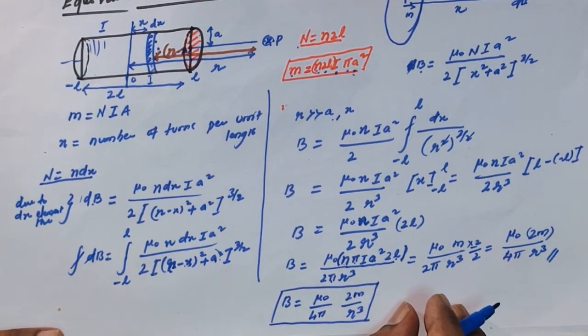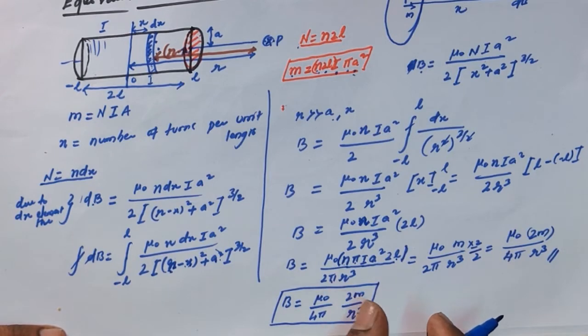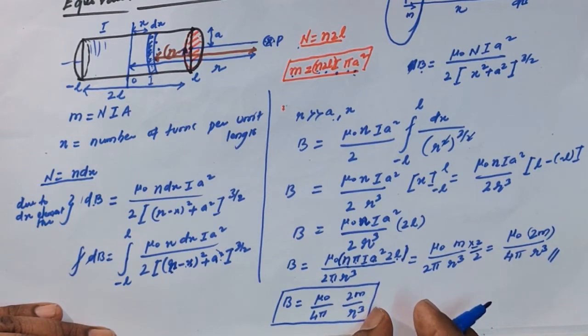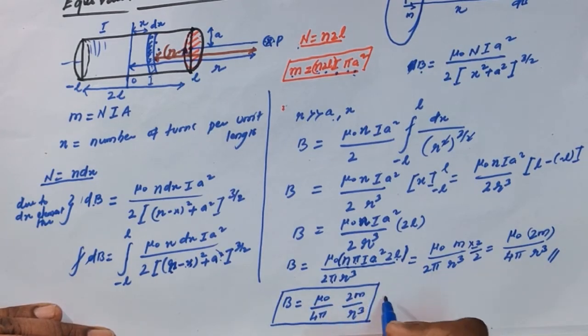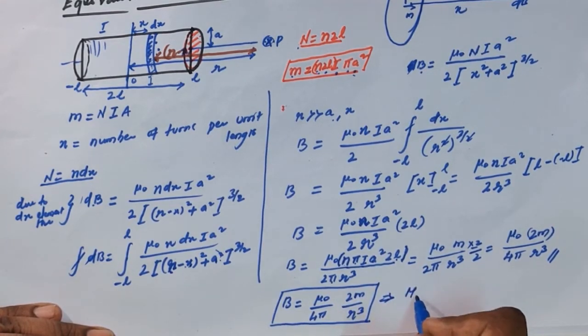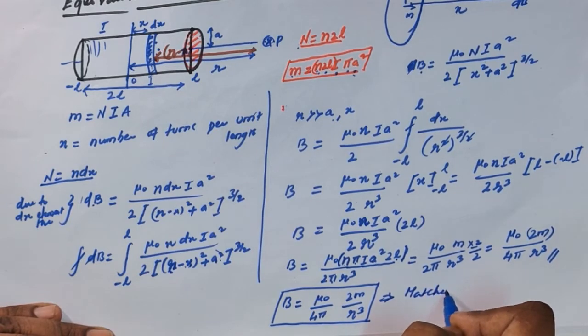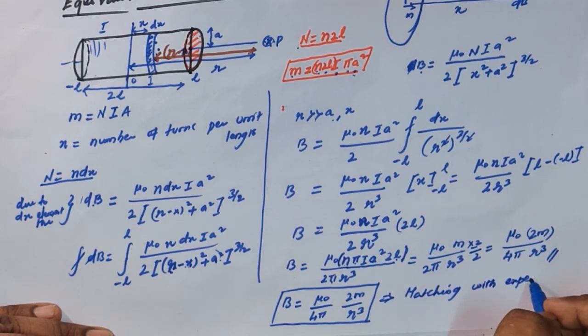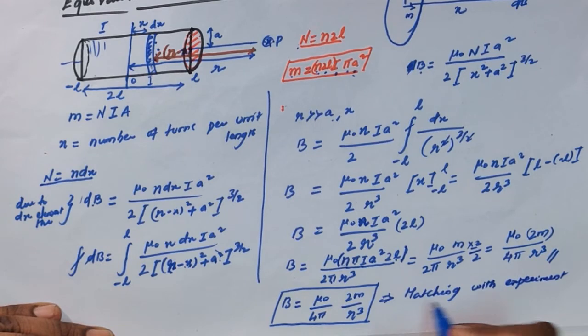If you look at this expression, it satisfies the experiment. That means the magnetic field obtained experimentally matches exactly with this expression. This expression matches the experimental result for the bar magnet.